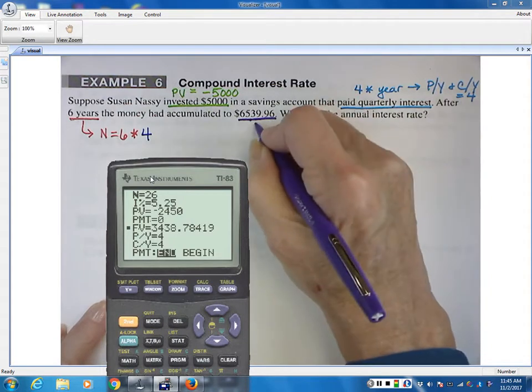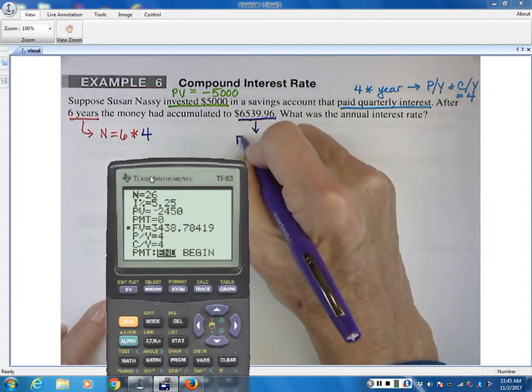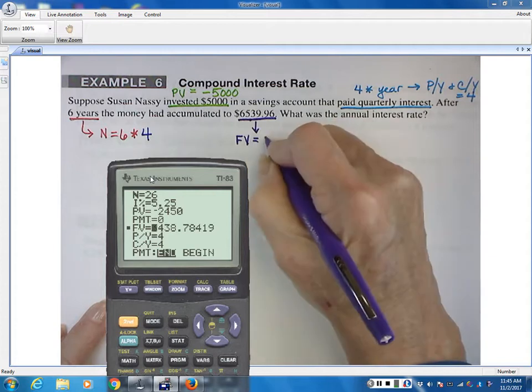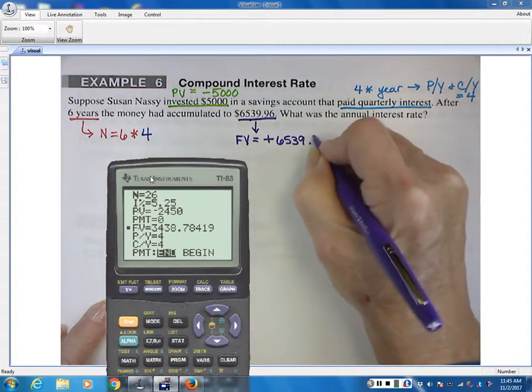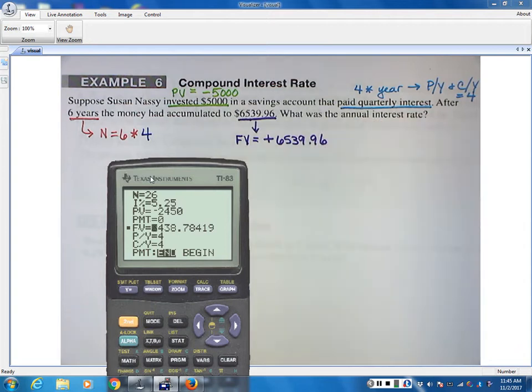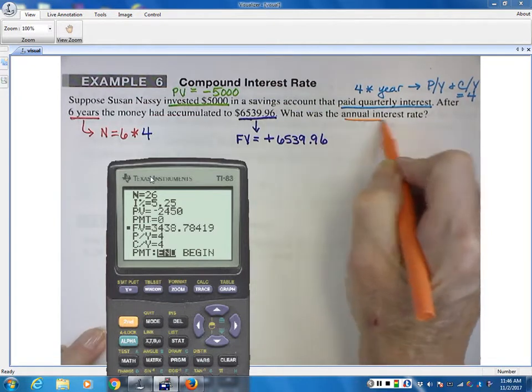That's her future value. So the question they're going to ask us now is not one that would be easily arrived at if we had to actually calculate this formula ourselves. It would be very frustrating. What was the annual interest rate?